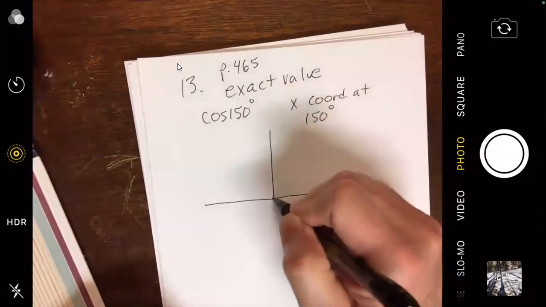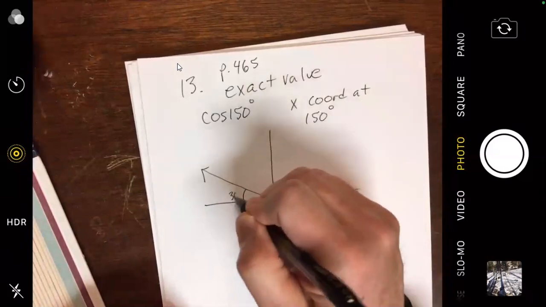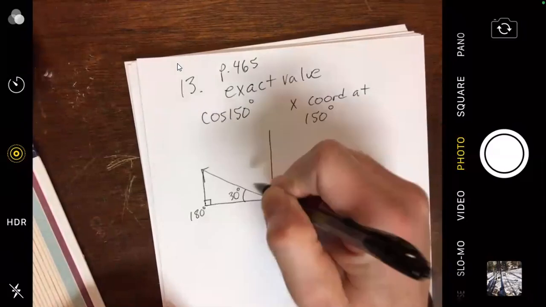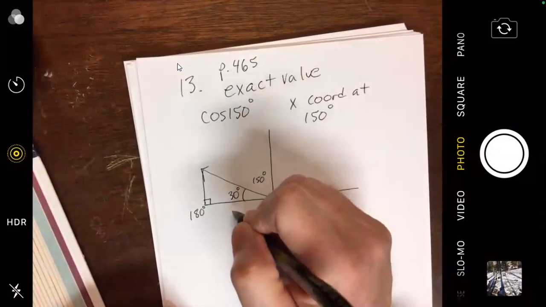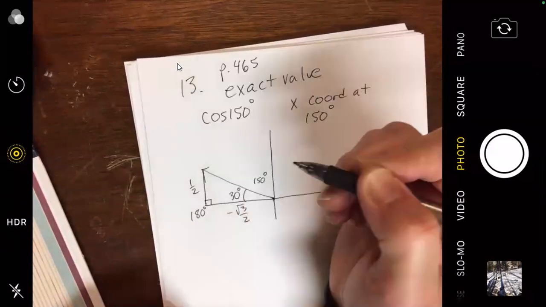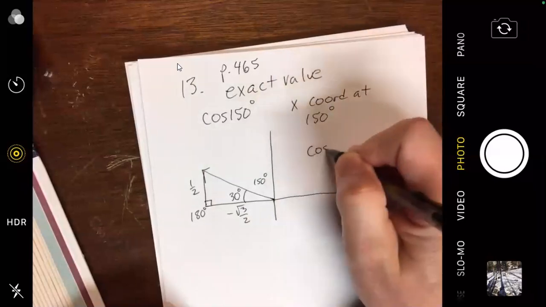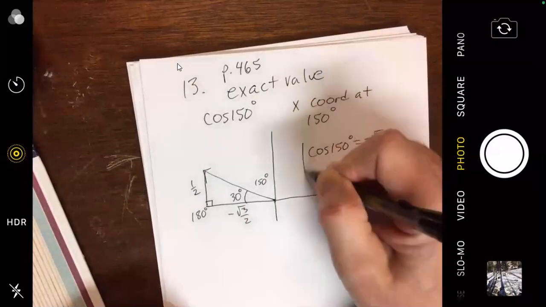So I hope you know your unit circle values. 150 will be 30 short. Reference is 30 of 180. There's your 150. The long side is negative root 3 over 2. Short side's positive a half. Your cosine, 150 degrees, would equal negative root 3 over 2.